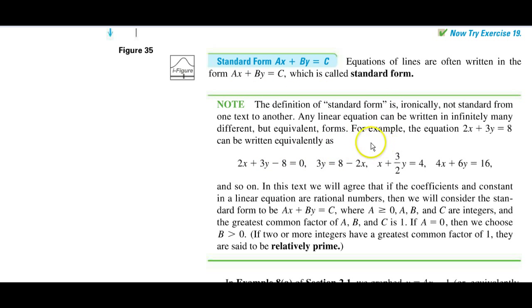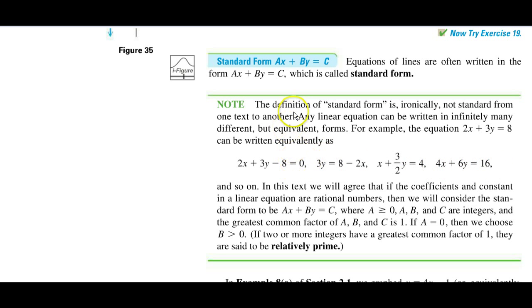So, as we look at this, all of these, they're saying, are modifications of this, but I would say it has all the elements, but it's not written in standard form. The only one that's written in standard form is this one here.